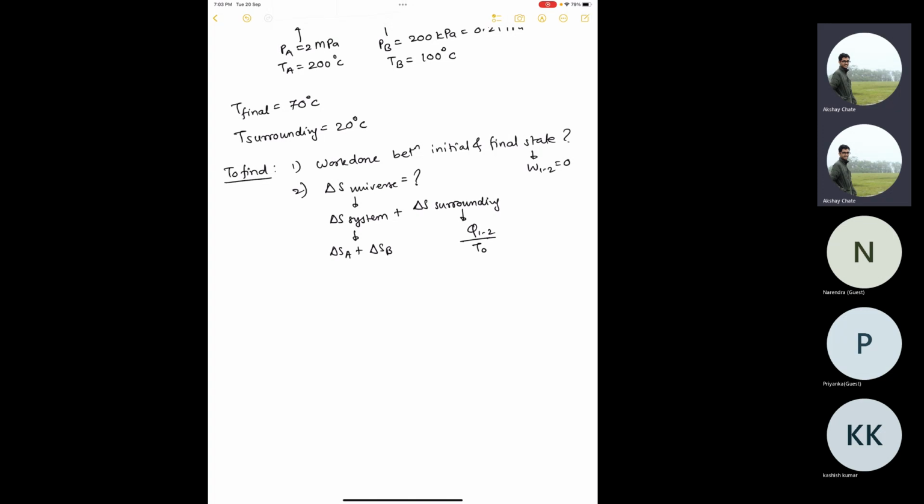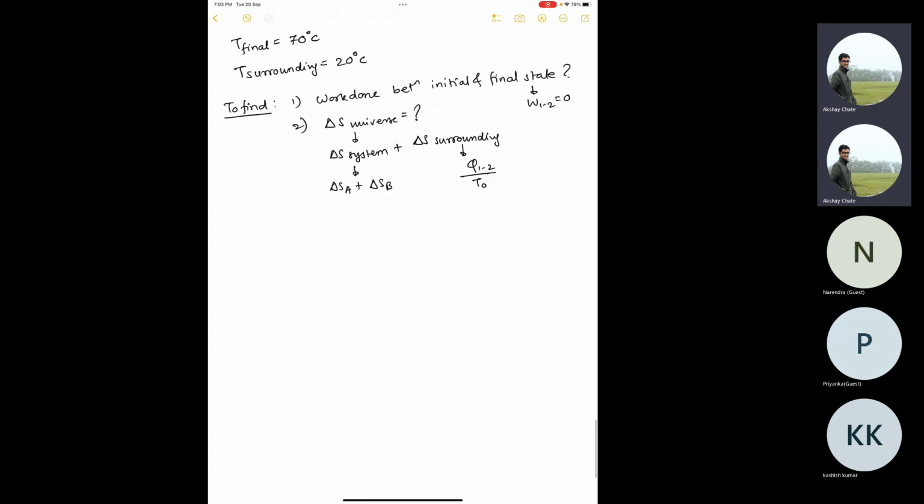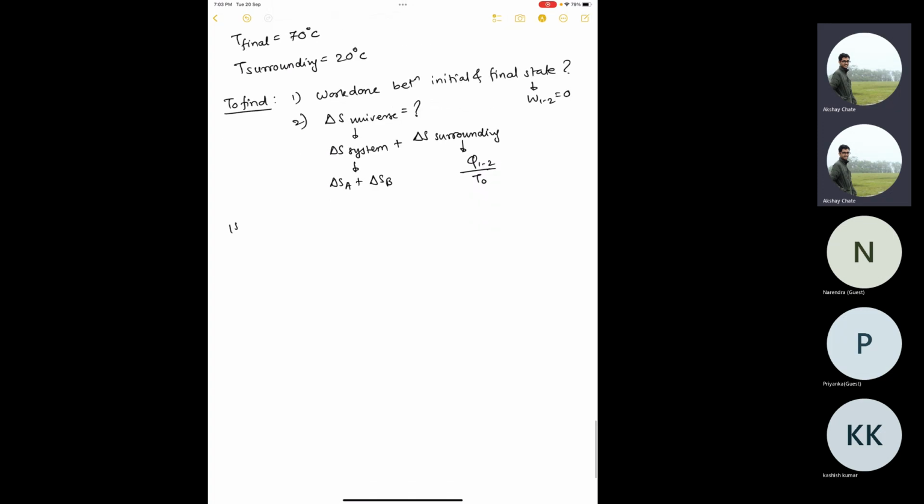So you can apply first law: Q1 to 2 is W1 to 2 plus delta U, or instead of delta U, you can write U2 minus U1. W is 0.